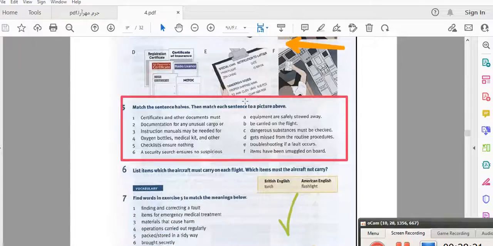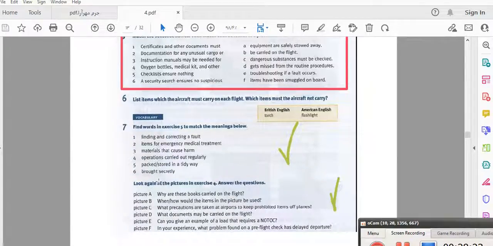They are not stored in an orderly way. Stowed away. Brought secretly: smuggling. For example, trafficking, or when something is not allowed to pass on the plane, we call it brought secretly or smuggling. Brought is the past form of bring.